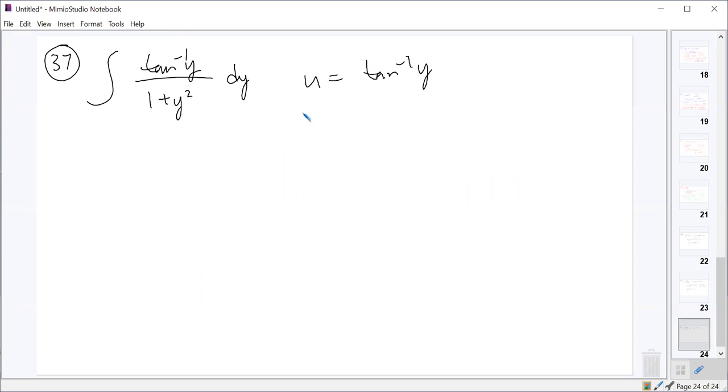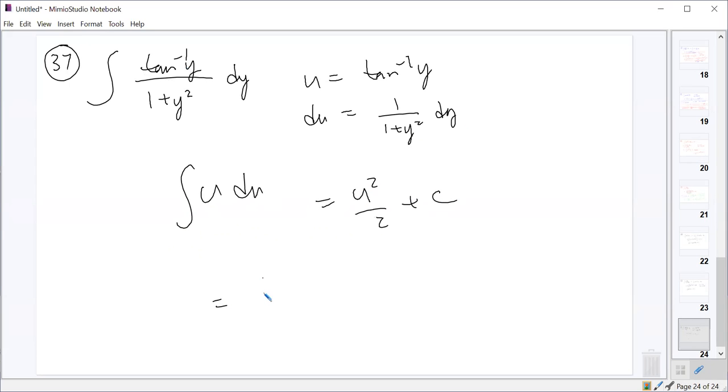Derivative of inverse tangent y is 1 over 1 plus y squared dy. So this just becomes u du, which is u squared over 2 plus your constant, or inverse tangent y squared over 2 plus your constant.